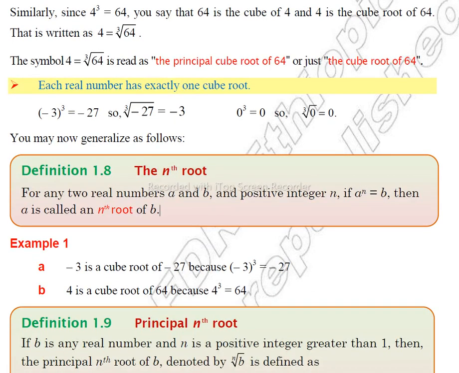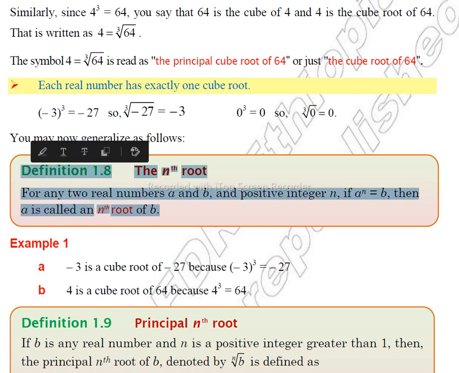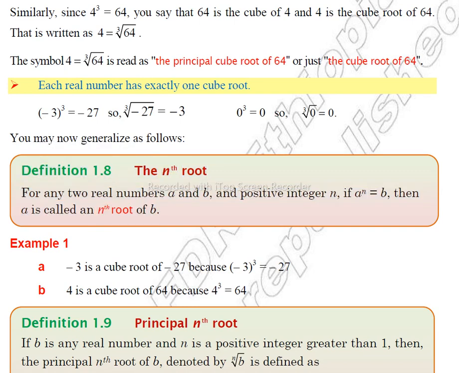So when we generalize all these roots, let us read this definition: for any two real numbers a and b, and a positive integer n, if a to the power of n is equal to b, then a is called the nth root of b.